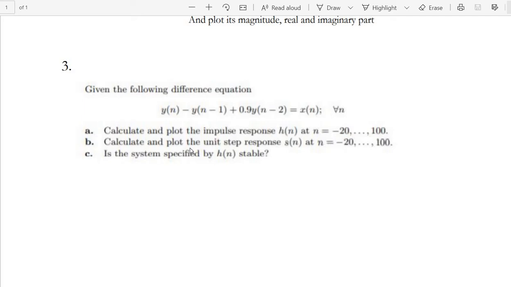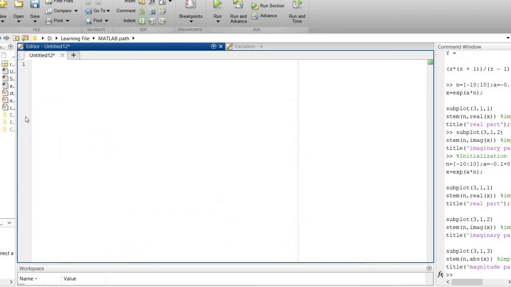Okay, so as you can see, we're going to find the impulse response using this difference equation. So tip, when you're encountering impulse response, you should use the impz function since we're looking for the impulse response. Okay, so let's try this one.